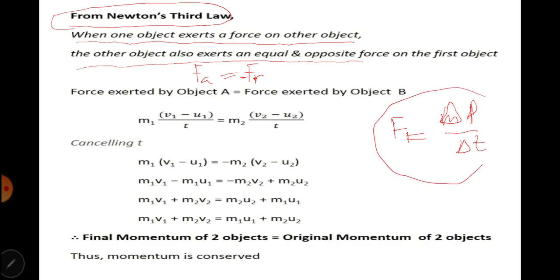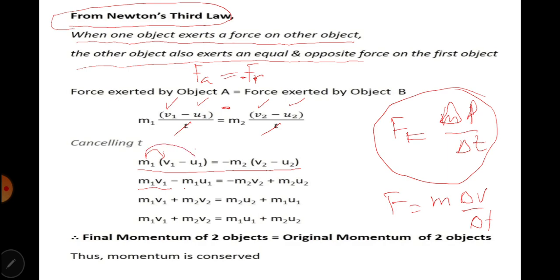According to that relation, force can be written as m del v divided by del t. So t is cancelled on both sides. m1 (v1 minus u1), where v1 is the final velocity of the first particle and u1 is the initial velocity. So this statement should be written with a negative sign because of the reaction. m1 is multiplied with v1 and u1, and m2 is multiplied with v2 and u2.